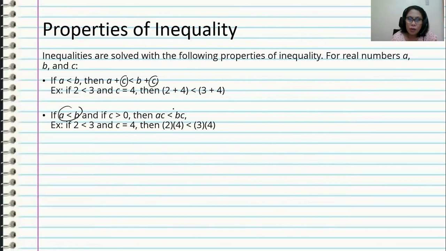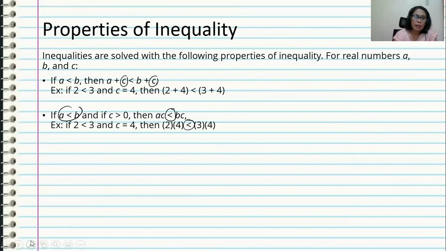The inequality remains the same, it's still less than, as we multiply by the same factor c greater than 0. For example, here we have a equals 2, b equals 3, and we multiply each side of the inequality by the same factor 4. So the inequality remains the same. This is the multiplication property of inequality with c greater than 0.